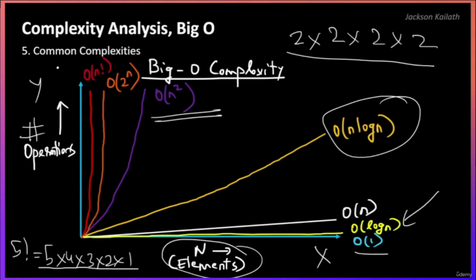So these are some common time complexities. And then the interesting thing of this graph is that it clearly depicts the trend. And big O analysis is all about the trend. So we are interested in the trend.